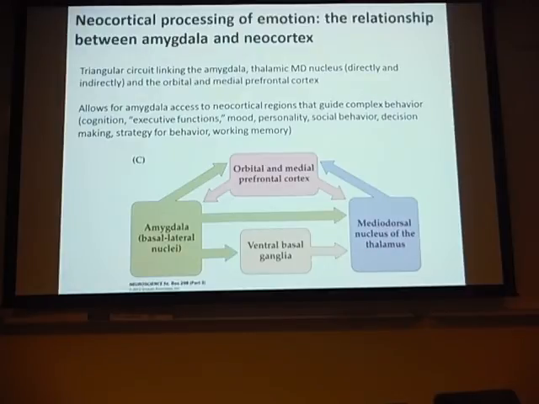And the amygdala has access to neocortical regions that guide things like executive functions, decision making, judgments, social behaviors related to our emotions, and strategies for how to approach situations. Those are all really roles of the prefrontal cortex that I'll define in a few slides, but it gives us this interrelationship between our prime emotional areas and those areas that influence decision making, and also that those areas that influence decision making can project back to those subcortical structures.